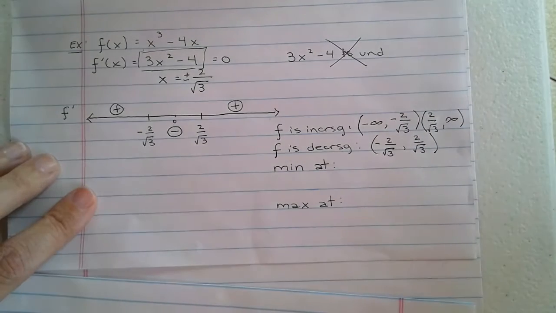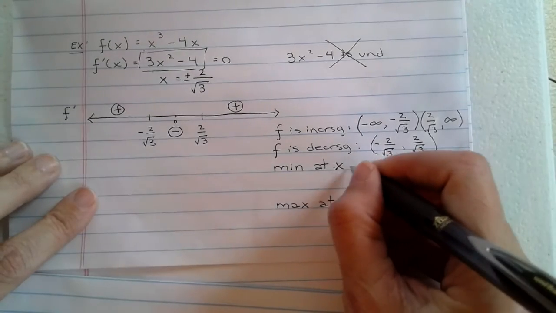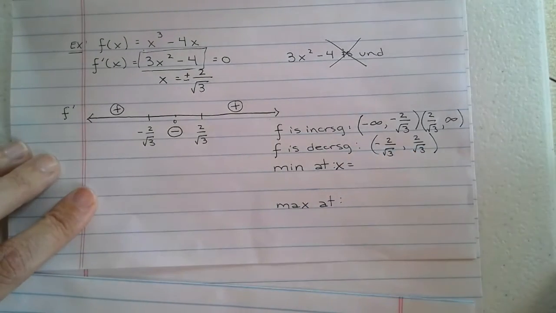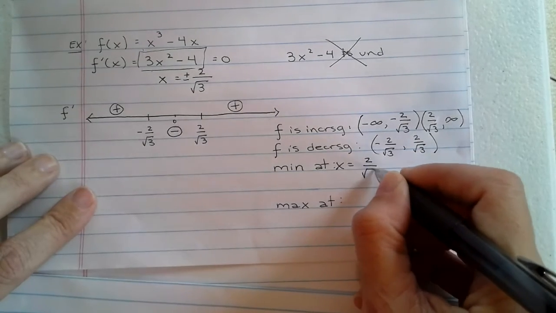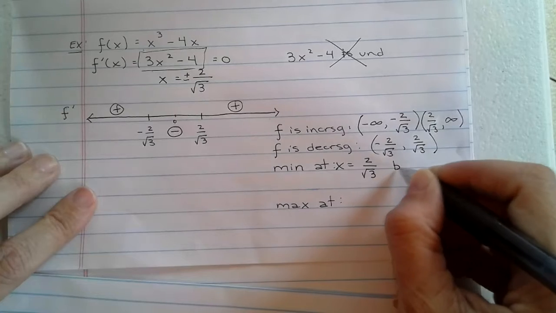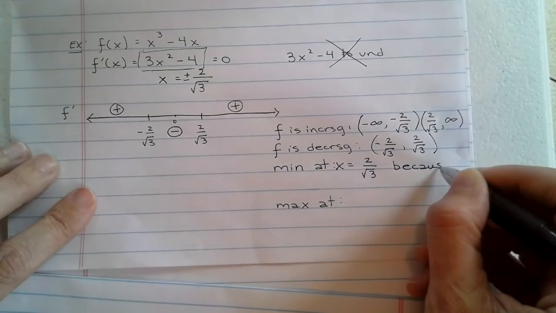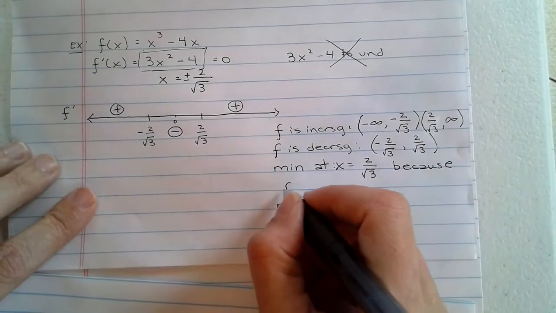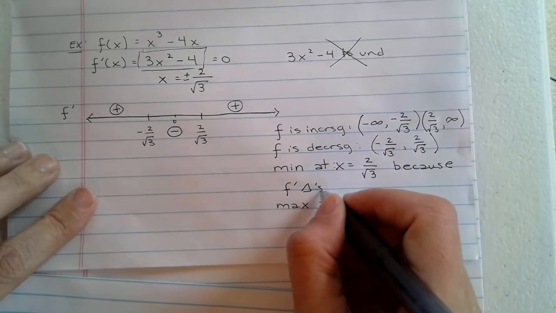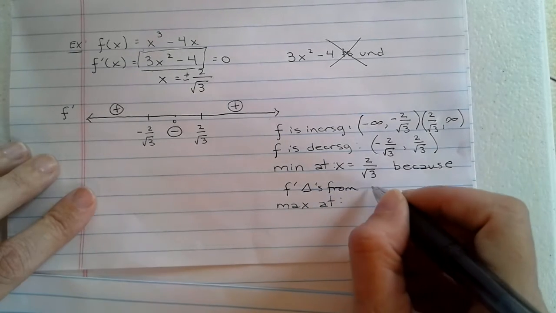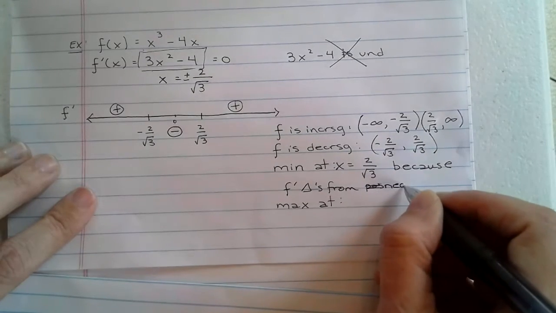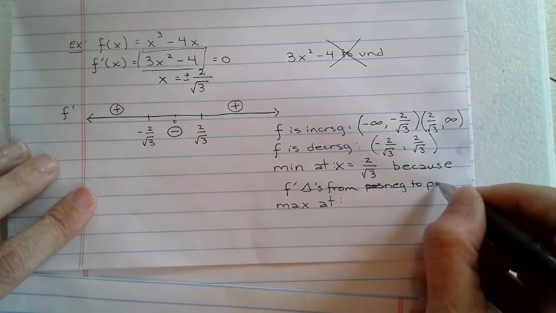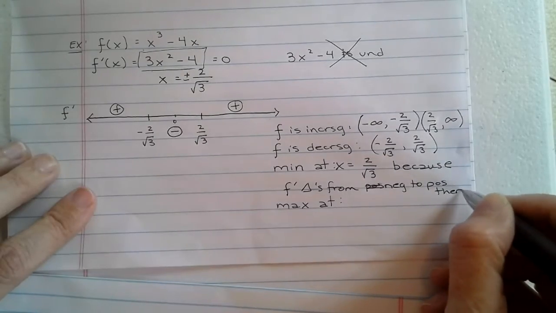Alrighty, I think we're going to have a min at x equals 2 over root 3, and that is because f prime changes from negative to positive.